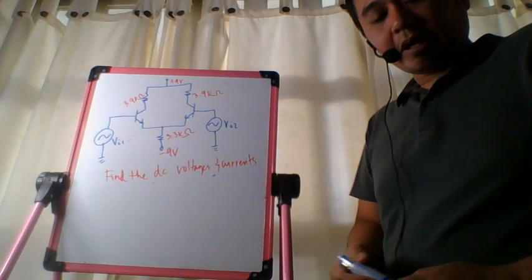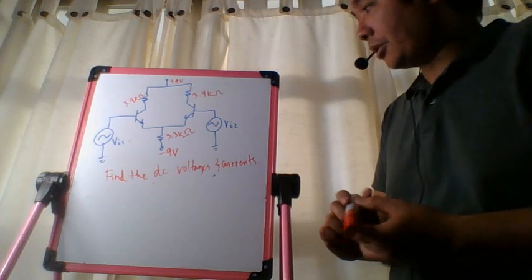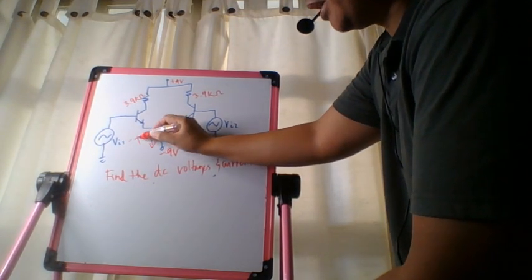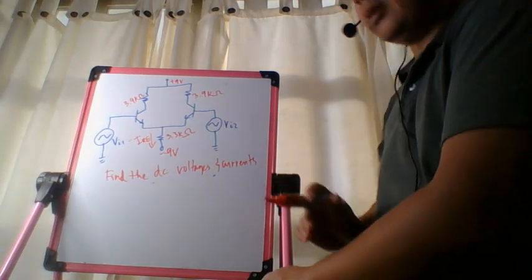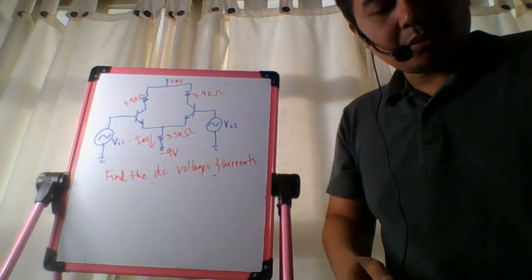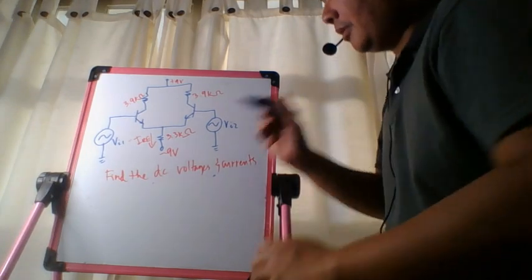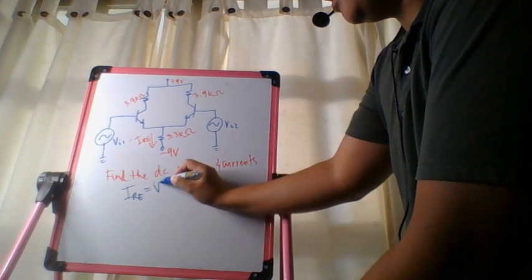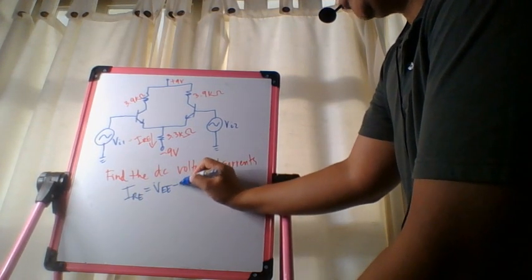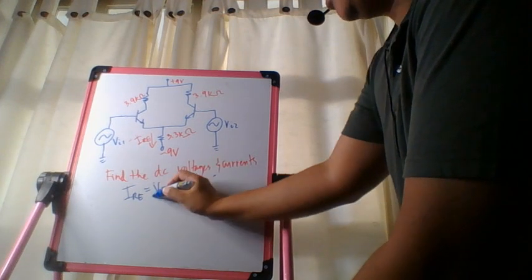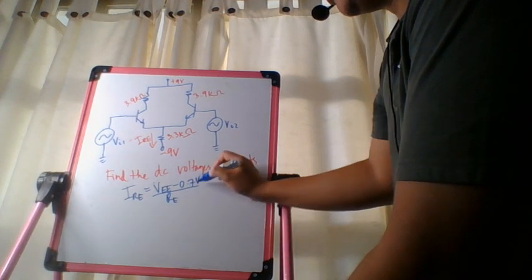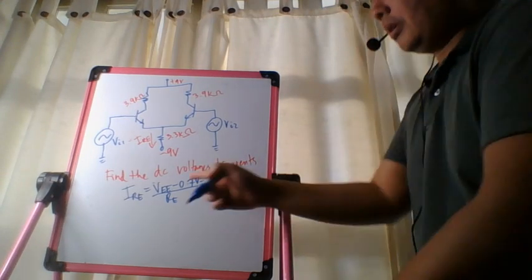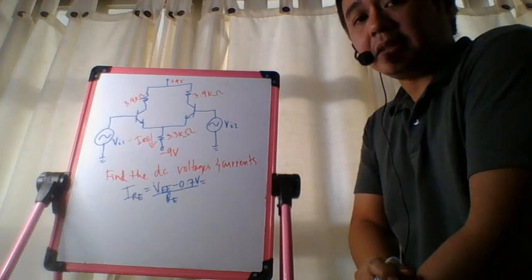First, let us solve for IRE, which is the current that passes through your 3.3 kilo ohm resistor. So this is your IRE. Ang nakuha nating equation earlier for IRE is IRE equals VEE minus 0.7 volt divided by R sub E. We can directly substitute the values. VEE is equal to 9 volts. So bakit hindi negative 9?